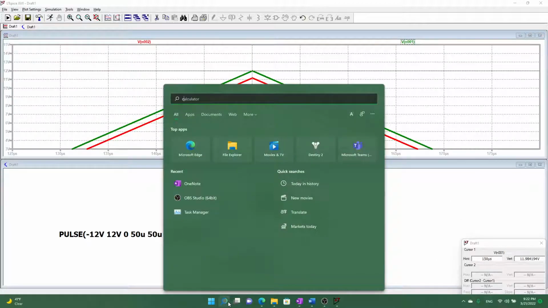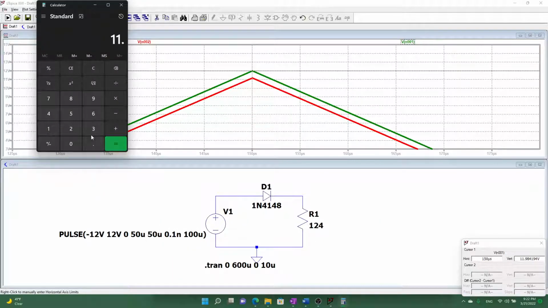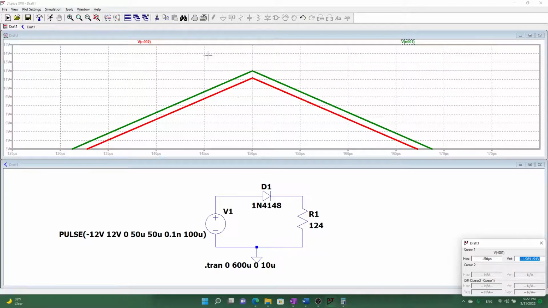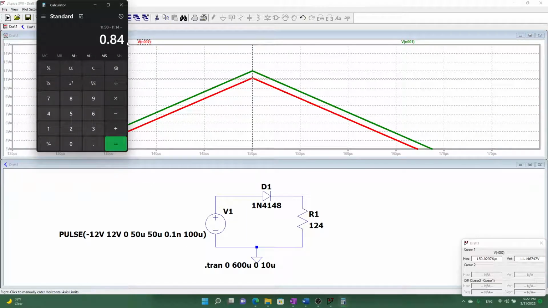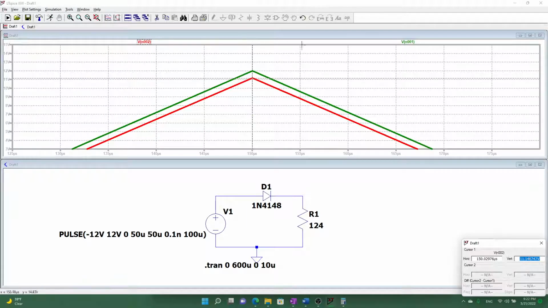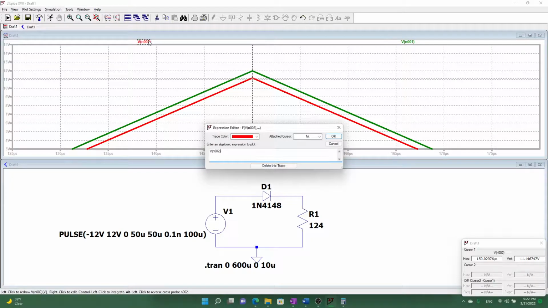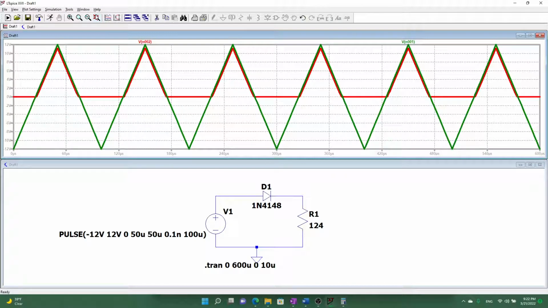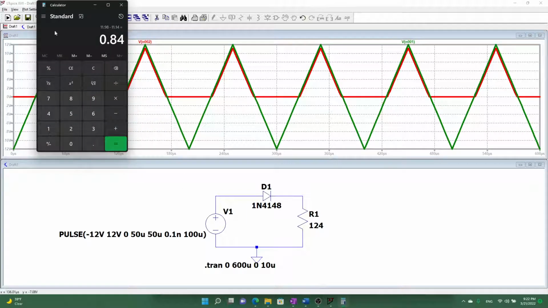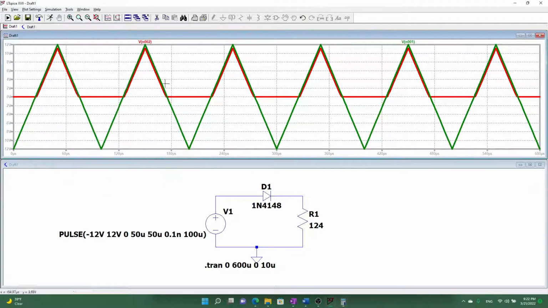If we make a small calculation, 11.98 minus 11.14, okay, we get a 0.84 difference between the two waveforms.